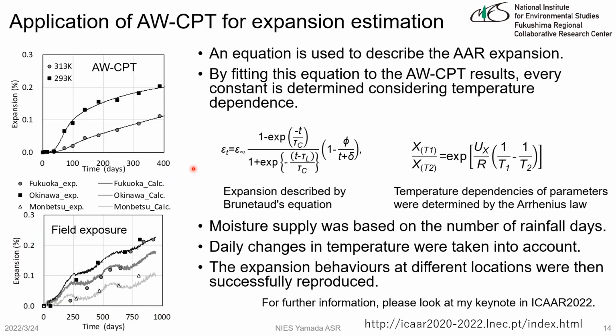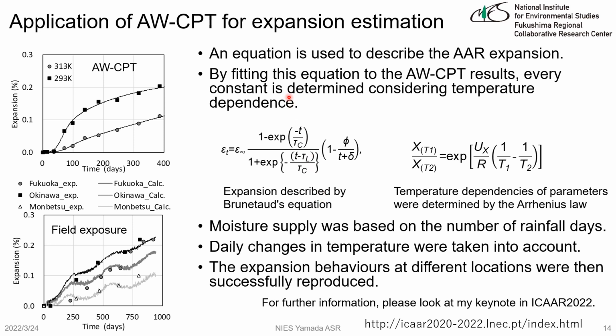Finally, I will explain one application of this alkali-wrapped concrete prism test for expansion estimation. For the estimation, we use an equation. In this case, we use the Bruno equation.